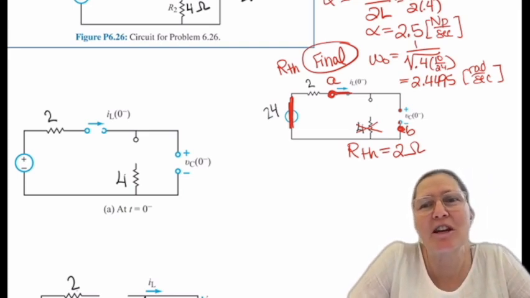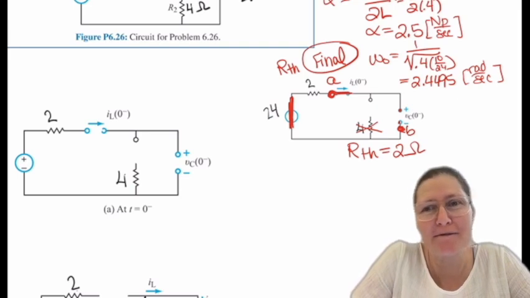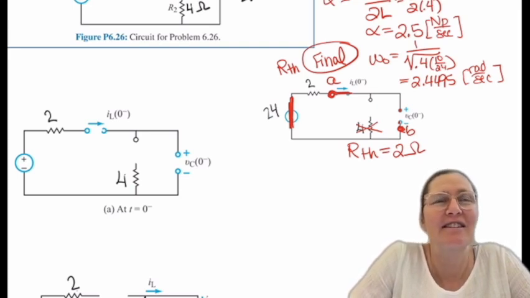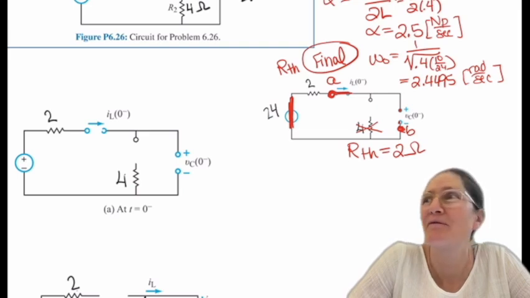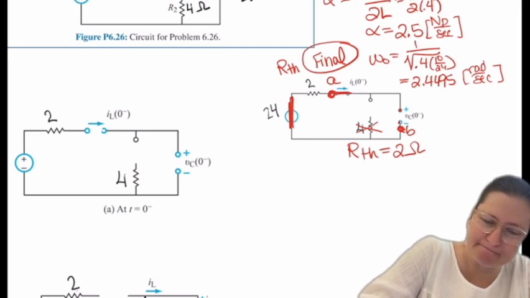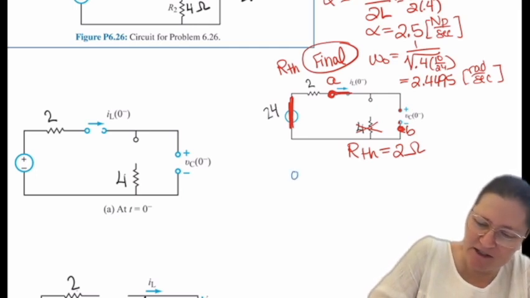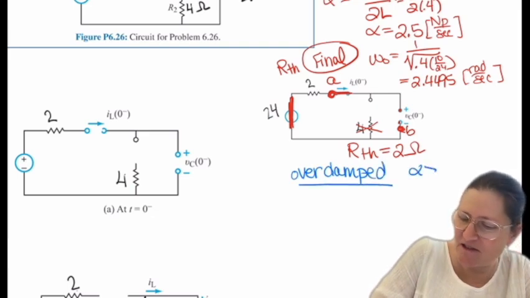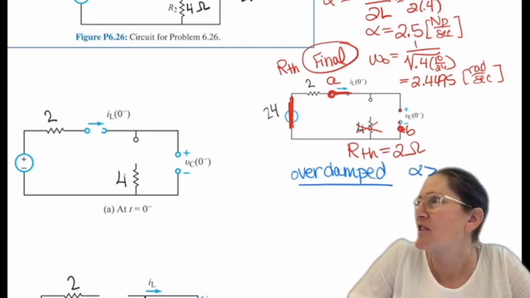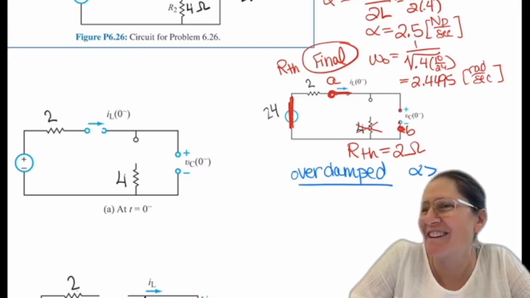With this being 2.45, that's enough of a difference. So 0.05 is enough to take it from critically damped to overdamped. On a test, if it's like 0.03, can we just choose one, or do we get marked off for that?